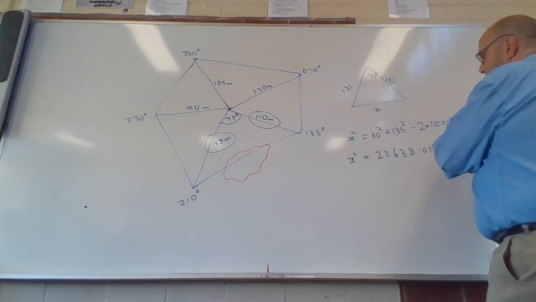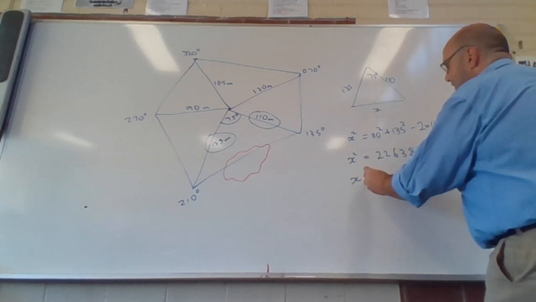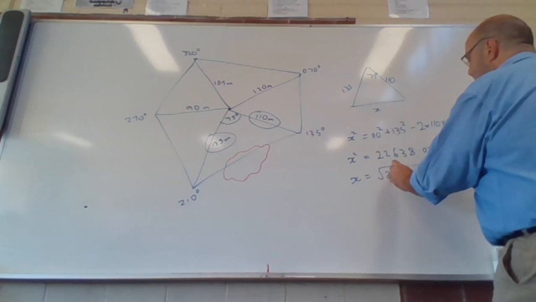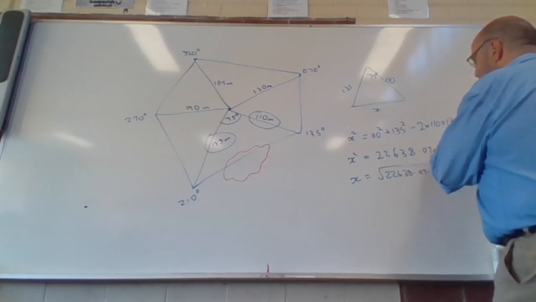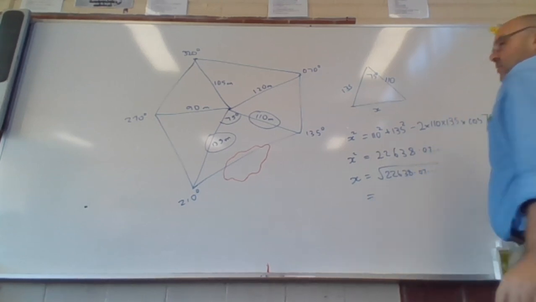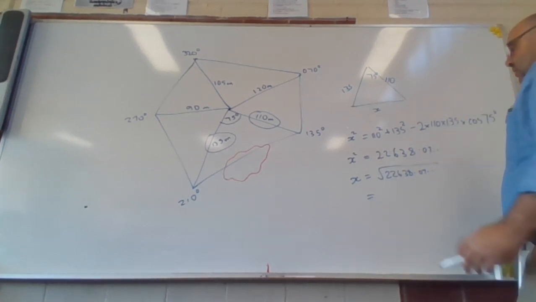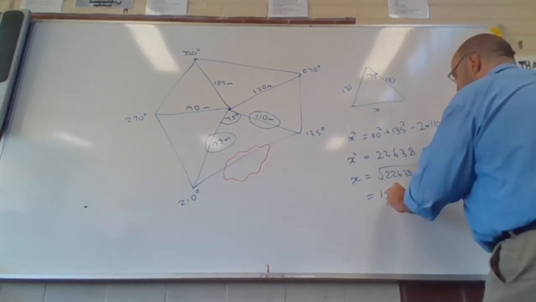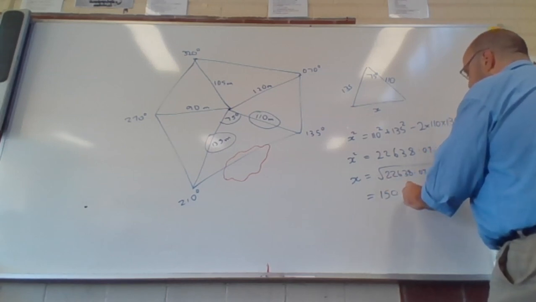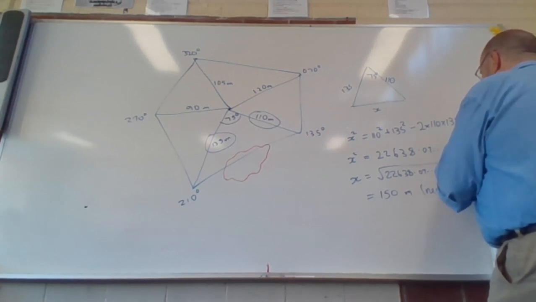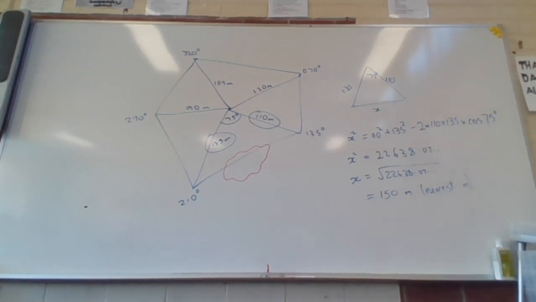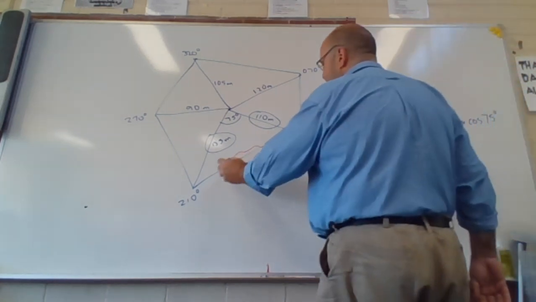Okay, so that'll do. So x is going to be the square root of that. So 150.4, so that's 150 metres to the nearest metre. Okay, fantastic. So we've just worked out the length of this bit of fence over here.